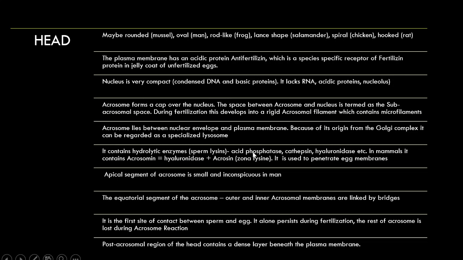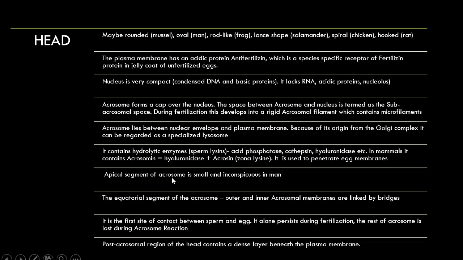The enzymes like acid phosphatase, cathepsin, hyaluronidase, etc. In mammals, the acrosome also contains acrosomin, which is the combination of enzyme hyaluronidase with acrosin, which is a zona lysin. So this penetrates the zona radiata and pellucida. So it is used to penetrate the egg membranes.